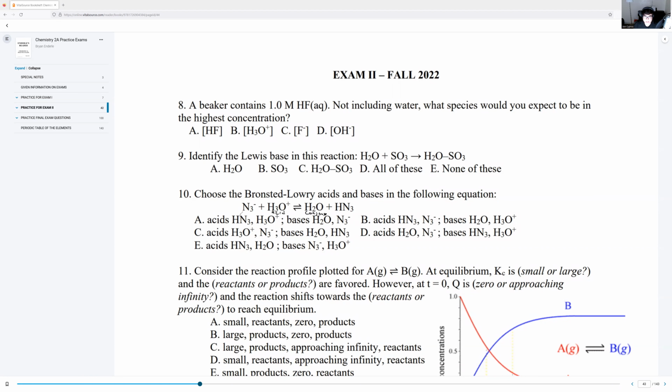This HN3 is the base because the other one's the acid, and this is the conjugate acid. You could also see that a hydrogen was gained. So this had to be the base on the left and the acid on the right. Now we just have to look for the right answer. So the acids are H3O plus and HN3, and the bases are the other two. So it's going to be A.